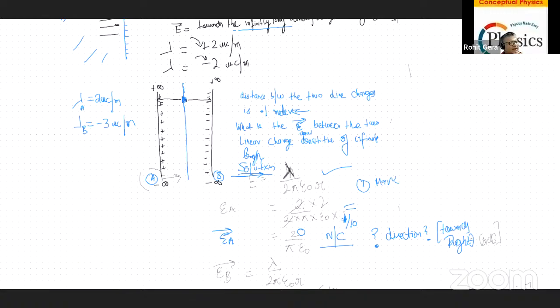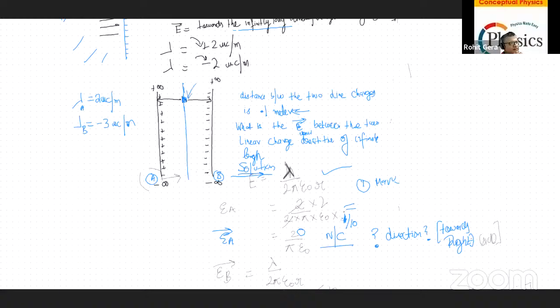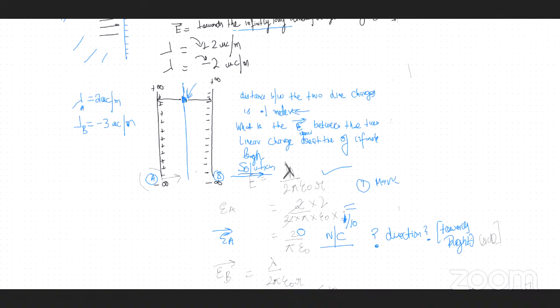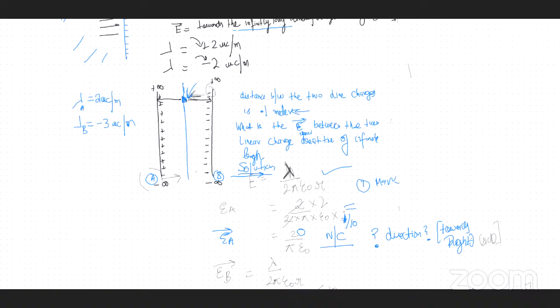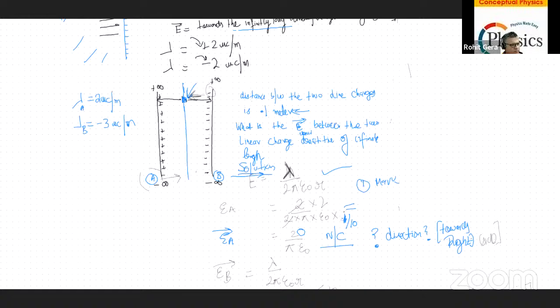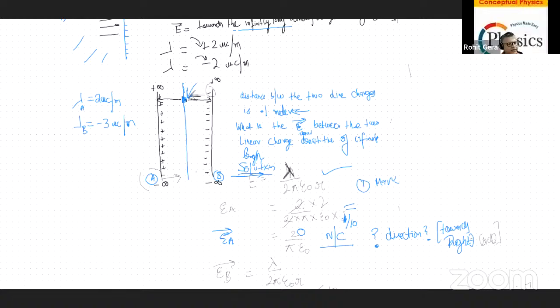I think you're finding it here also. You're finding it here only. The charge is here and we're finding it here, it should come here, right? Yeah, towards left. Okay, write it.